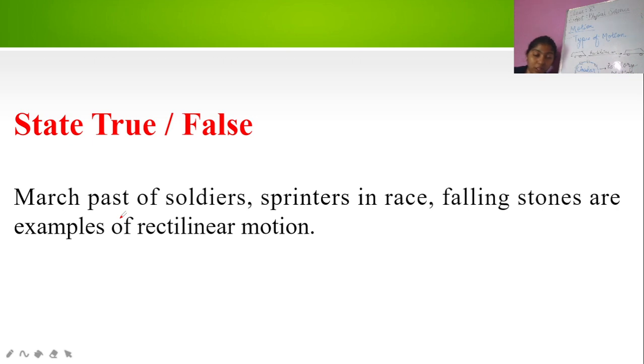So you have to think about it and tell me your answer in the comment box. Yes students, what is your answer? Write your answer in the comment box. Later on I am going to check it. Make sure you have read this question properly. Take a few seconds and pause the video, then do it.